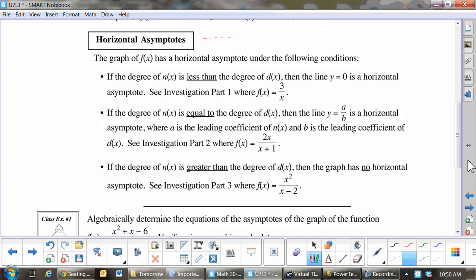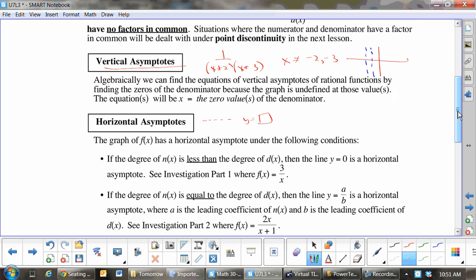It actually goes horizontally. And that would be like at y equals 5, or y equals a half, or y equals 0. So these are y equals. When you do vertical ones, these are x equals, right? That's the equation of a vertical asymptote. The equation of a horizontal will be y equals.